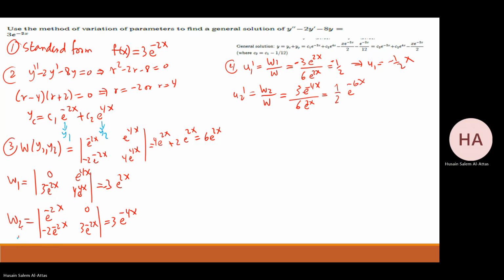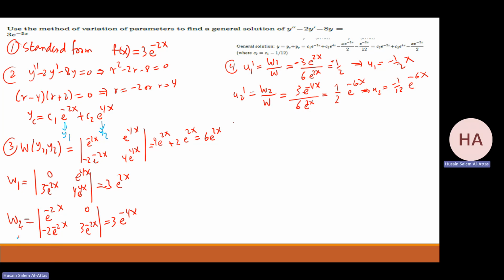Is it? Yeah. So what is U2? Easy one: minus 1 over 12 e to the minus 6x. Differentiate, you get this. Very clear. Yeah, 6 over 12 is half. e to the minus 6x. Okay.